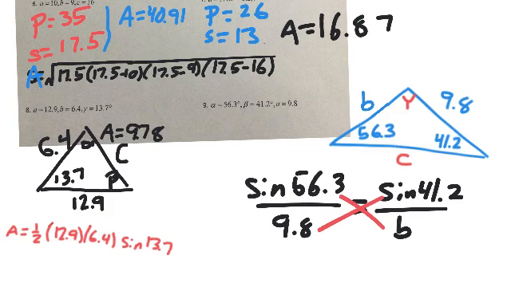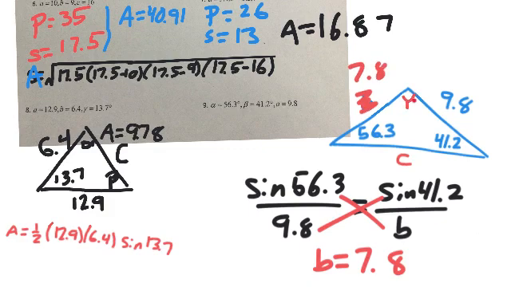That's going to give me 9.8 times sine of 41.2, divided by sine of 56.3. That's going to tell me B equals 7.76. Looks like we're going to one decimal place, so we'll go 7.8. So I know this here is 7.8.